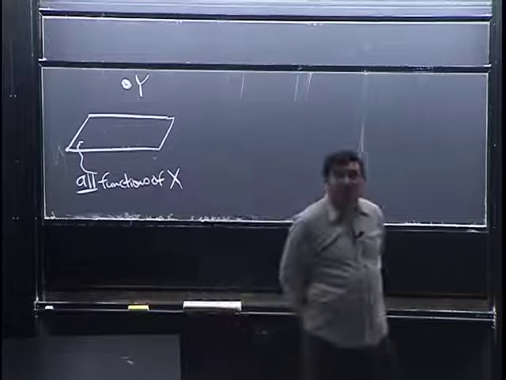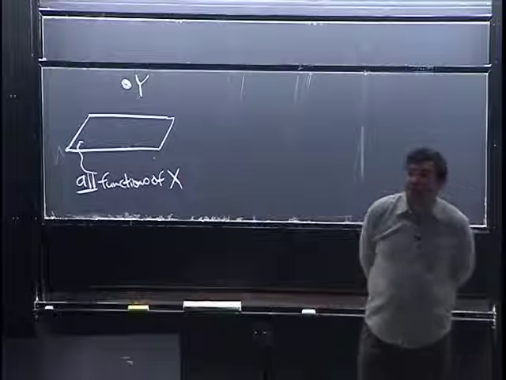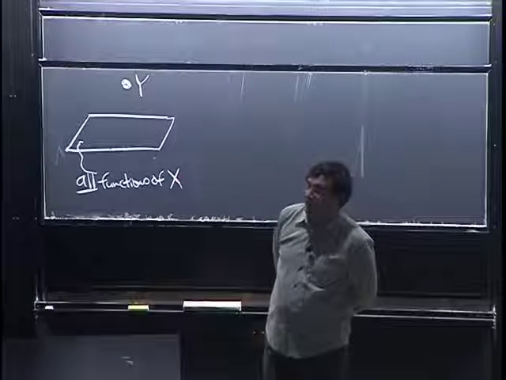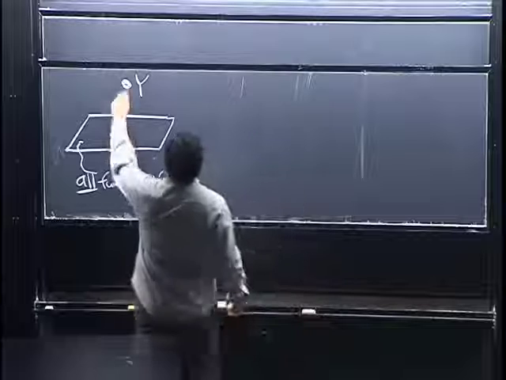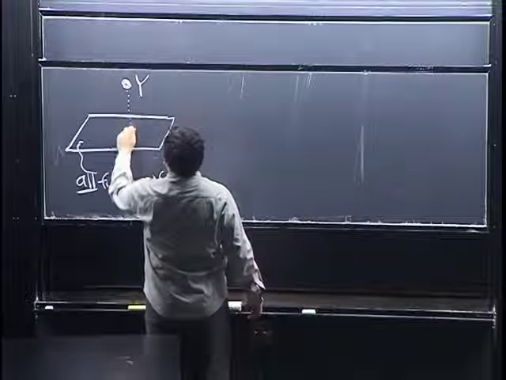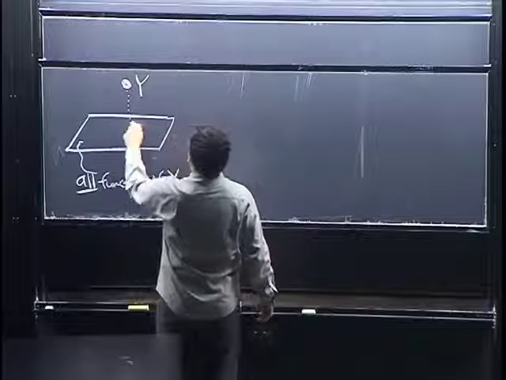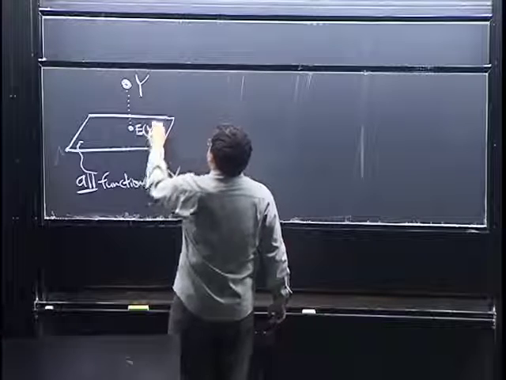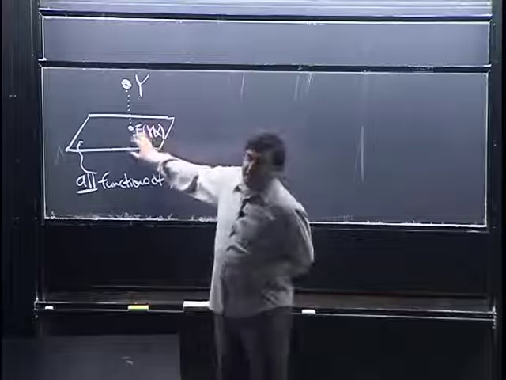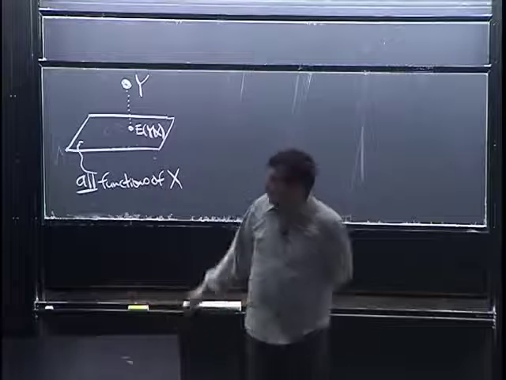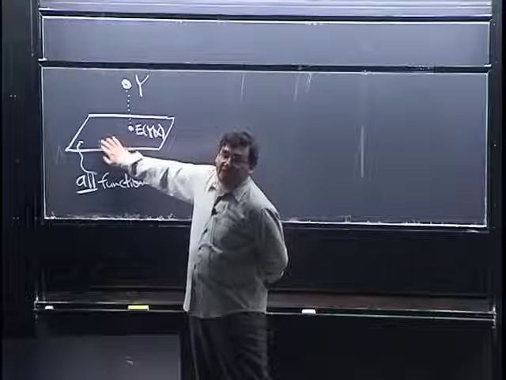Okay? Now what we're doing geometrically when we do conditional expectation is a projection. So we're taking y and we're going to project it down into the plane, E of y given x. E of y given x is a function of x, right? I keep emphasizing that. So E of y given x is in this plane.